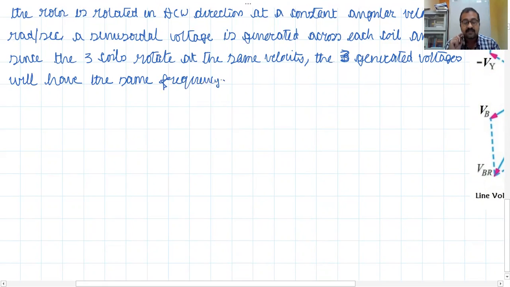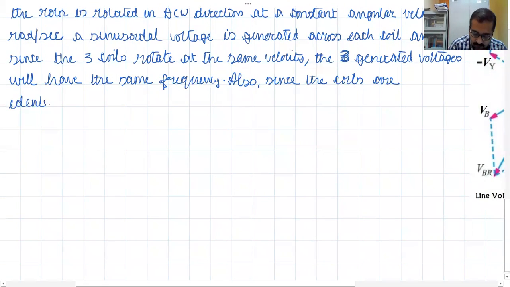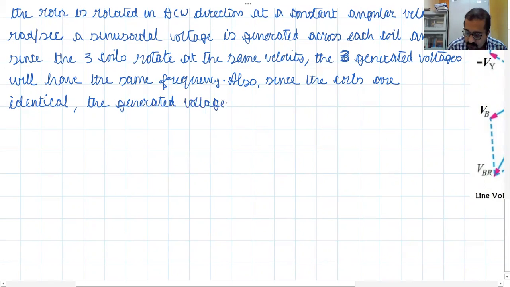Also, since the coils are identical, the generated voltages have the same magnitude.